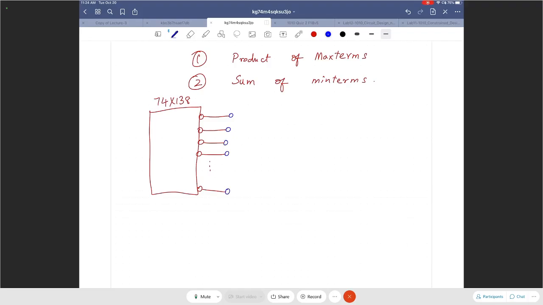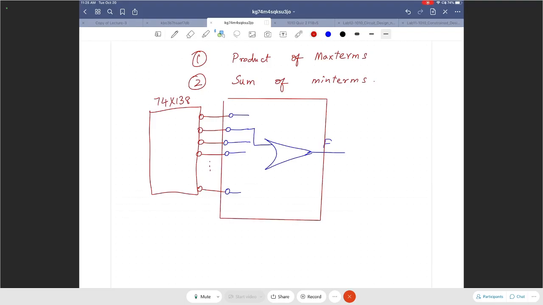That way you get min terms now, and then you can do the sum of min terms to get F. You would have to connect them to OR gates, whichever numbers. But you see, what is that? That is essentially a NAND gate again, right? So that's what we had earlier.